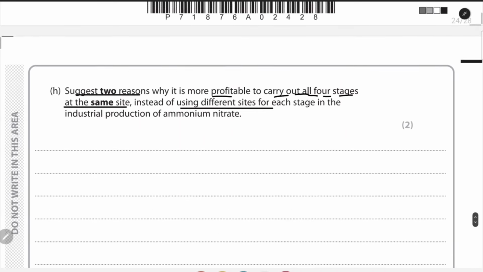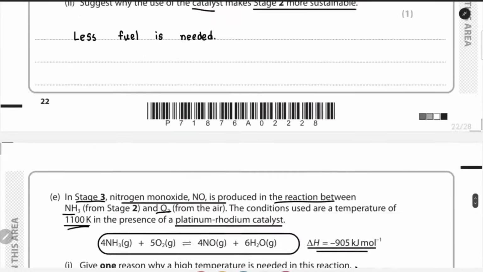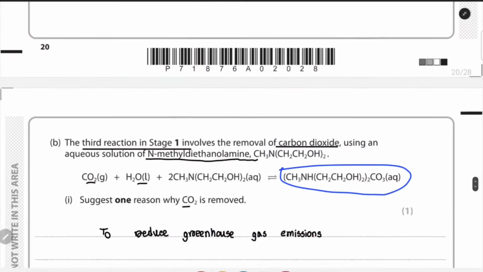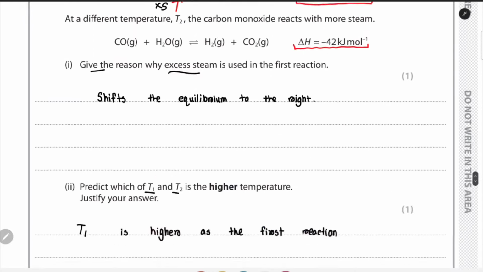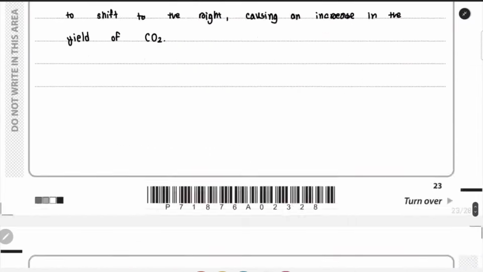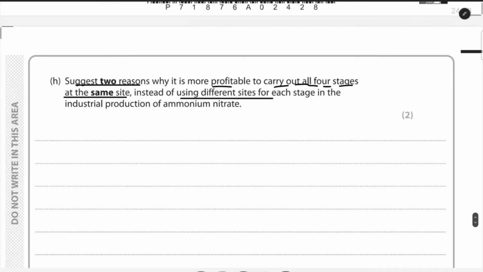So I don't have to, for example, if I look at these reactions, I don't have to transport hydrogen in different gas tankers to another site. This would be a very big mess to organize, and I'll need to hire more people if I have to do this. So if I do it in the same place, I can also use a smaller workforce to get the same results. So we can write any two of those points.